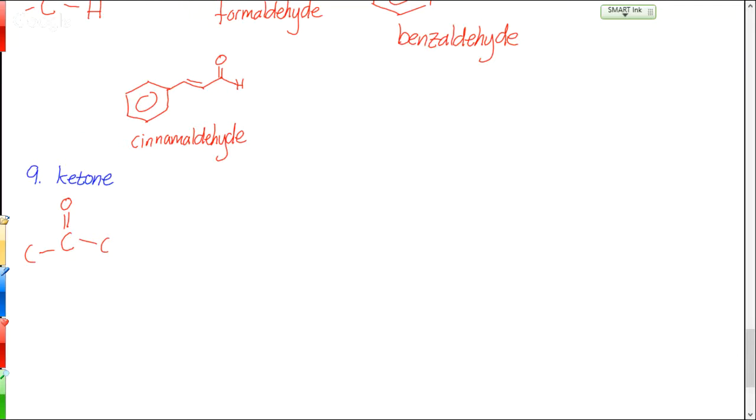But if they don't have any hydrogen on one side, then they are ketones instead. So things like this. The solvent that we used in lab the other day, acetone, is an example of that.